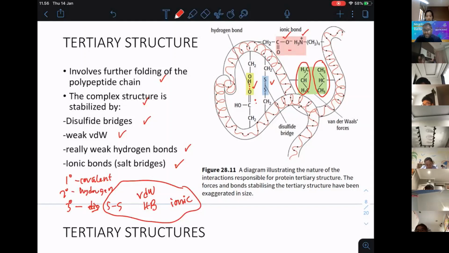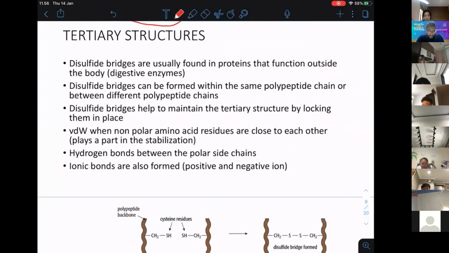They don't lose their function or their shape, because of the other bonds involved here. Even though the hydrogen bond is said to be weak, the strong bonds we are talking about are the disulfide bridges and ionic bonds. Those are the two bonds that really maintain the tertiary structure. So if I move on, you can see here disulfide bridges, the strong bonds.